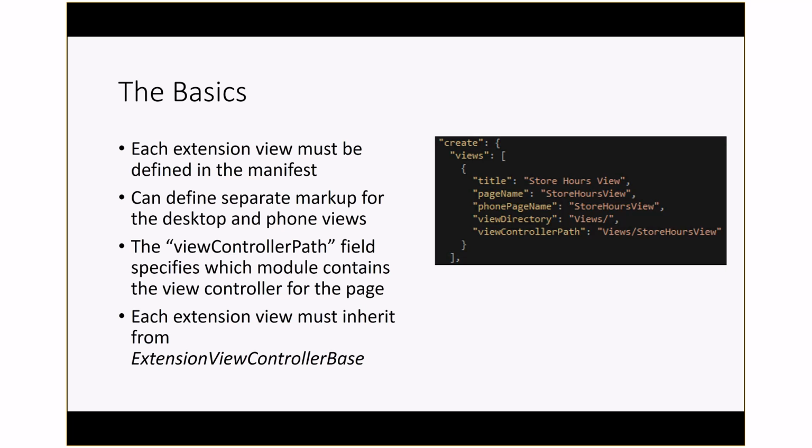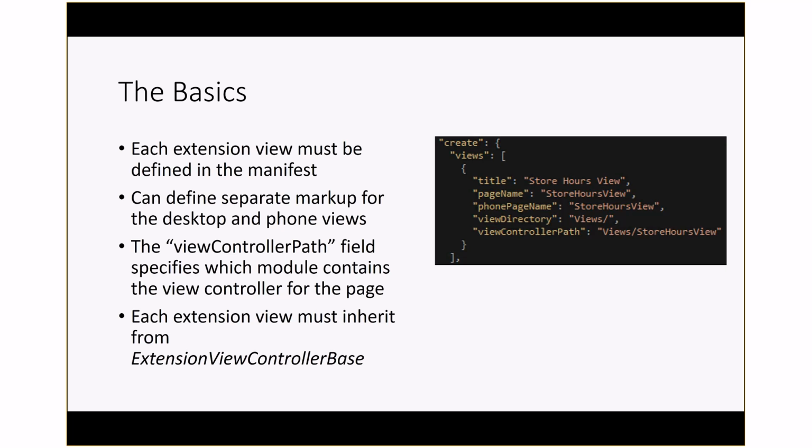This can either be the same as the page name as shown on the right here, or if you wish to have different markup for the phone form factor, you can also specify a different phone page name that will be loaded when POS is running on a phone.